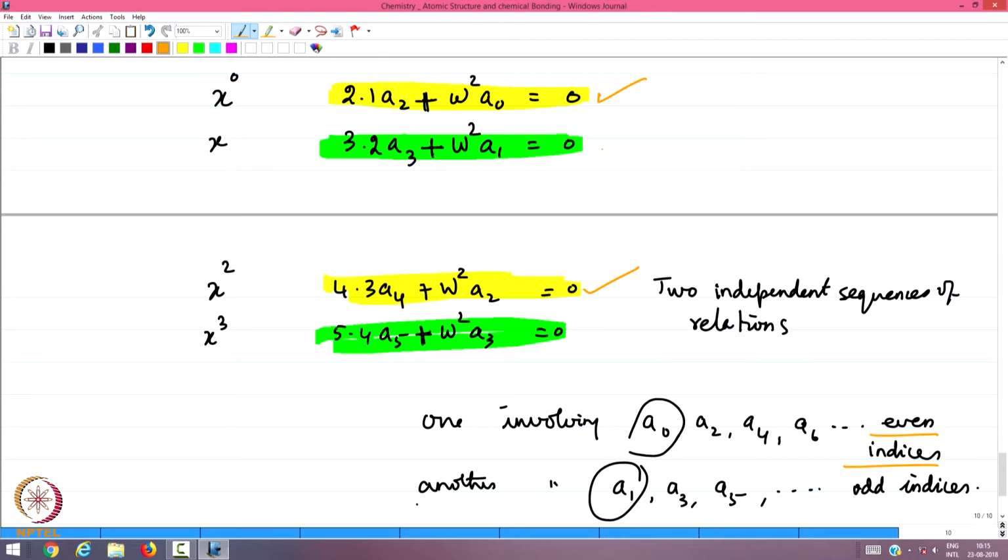The other sequence is the one which is marked in green here. It involves a1 and the relation between a1 and a3, and then the relation between a3 and a5, and then between a5 and a7. So you can see that the odd indexed coefficients a3, a5 are all connected to a1. The even indexed coefficients are all connected to a naught.